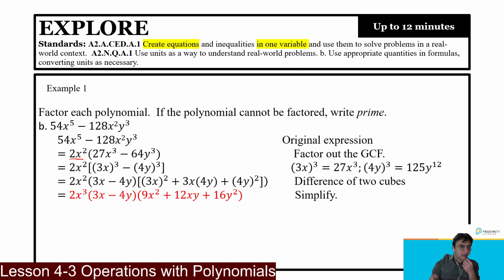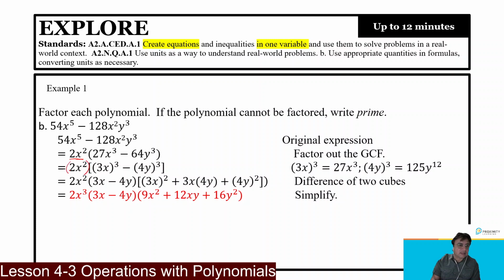For the minus 128x squared y cubed, 2 times negative 64 gives me negative 128. And then x squared times no x's gives me the x squared, which I needed. And then we left the y cubed by itself, so I get the y cubed if I were to multiply it. So this is my factorization.